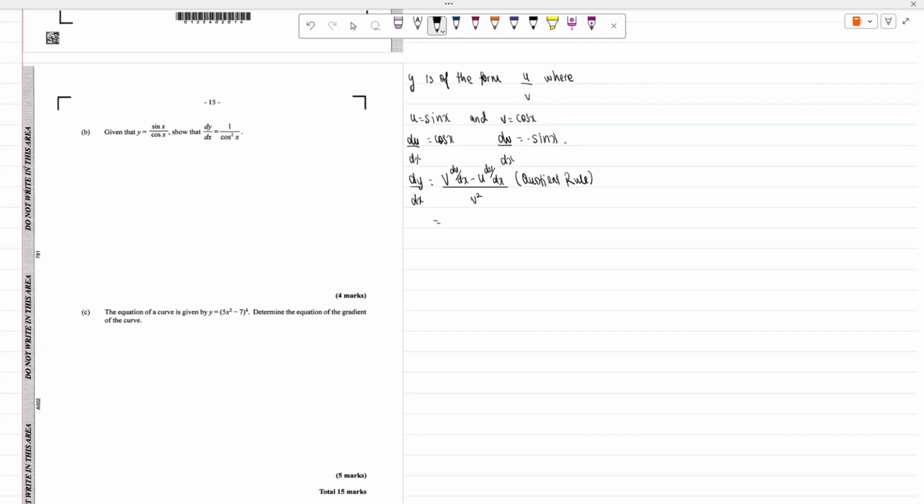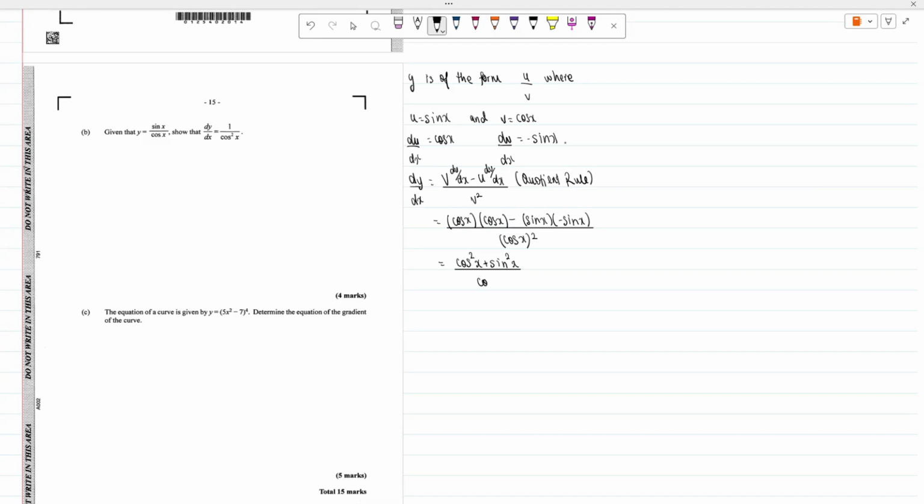This is equal to v du dx minus u dv dx all over v squared. The top becomes cos squared x plus sin squared x all over cos squared x.